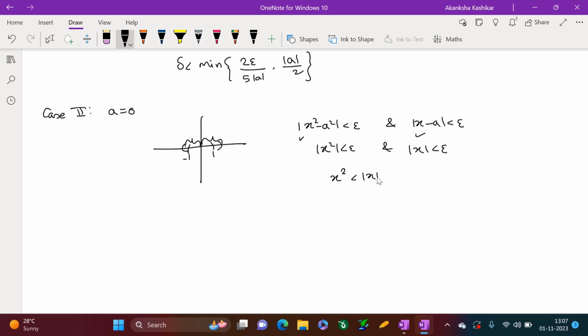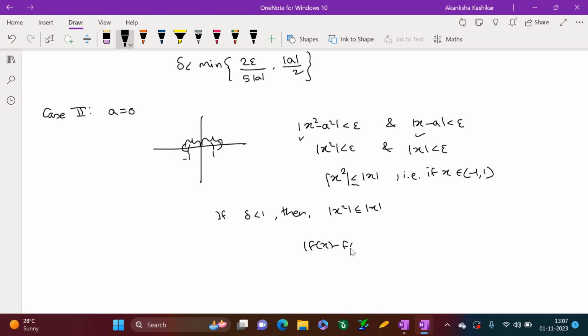Inside this interval, mod x square is always less than or equal to mod x, if x belongs to -1 to 1. Correct? So it is enough to make mod x less than epsilon, because if mod x is less than epsilon, x square will automatically be less than epsilon. Okay, so if we choose delta less than 1, then we will have mod x square less than or equal to mod x.